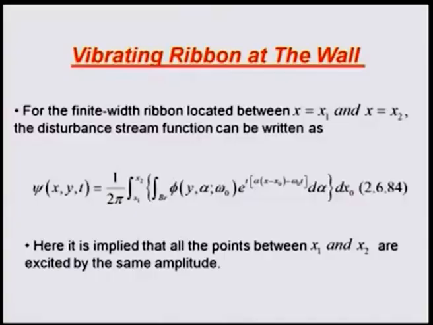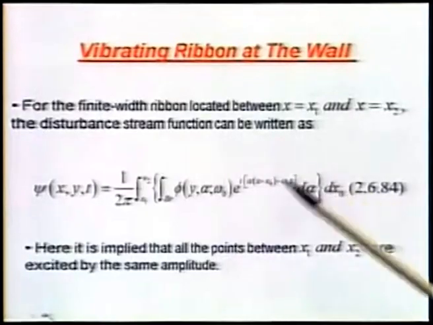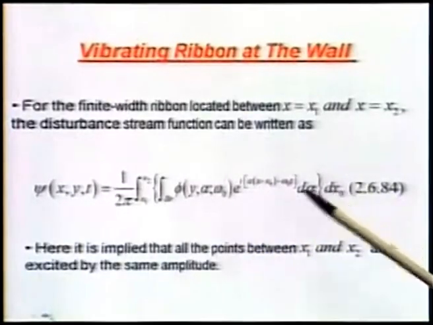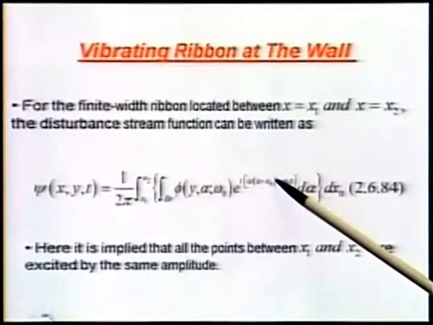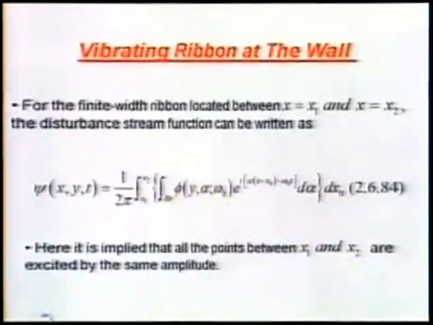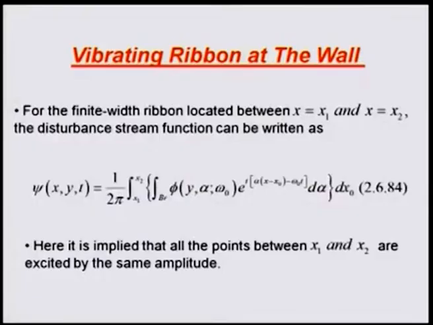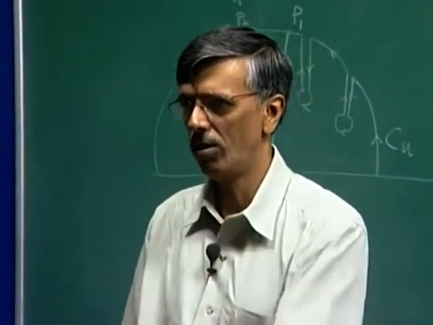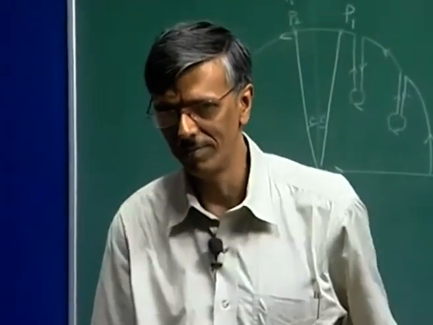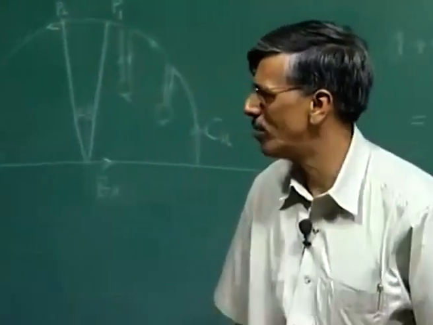Then I integrate it over this x naught from x1 to x2. So what are we assuming here? That each and every point is excited with the same amplitude. So this is like the whole thing going up and down, right. So that is one way of doing it.